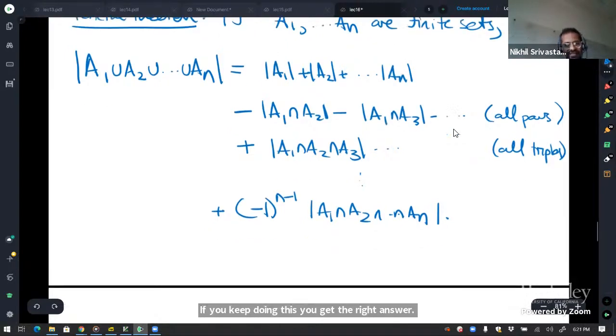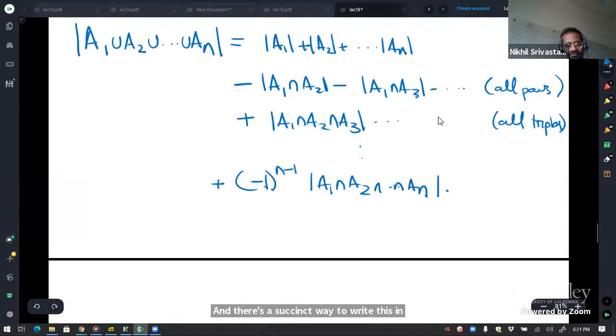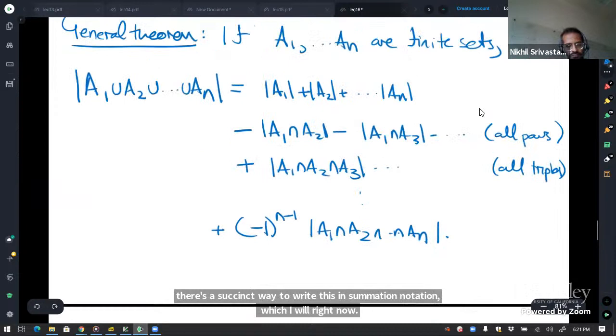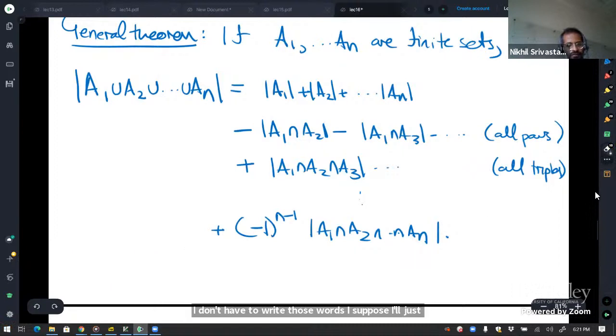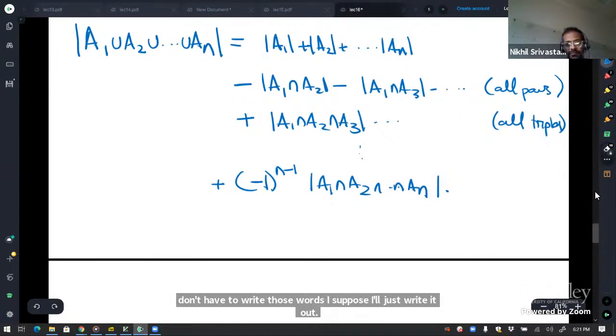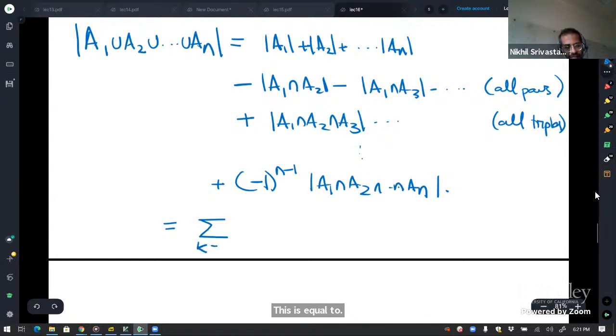And there's a succinct way to write this in summation notation, which I will write now. I'll just write it out. This is equal to the summation as k goes from 1 to n, of (-1)^(k-1).